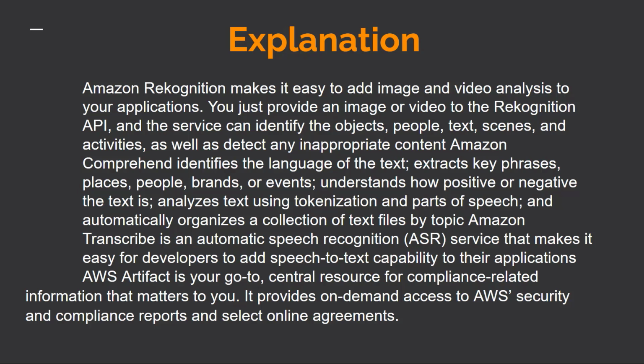Amazon Transcribe is an automatic speech recognition (ASR) service that makes it easy for developers to add speech-to-text capability to their applications. AWS Artifact is your go-to central resource for compliance-related information that matters to you. It provides on-demand access to AWS security and compliance reports and select online agreements.